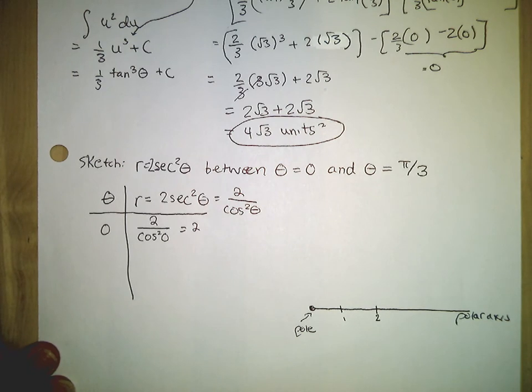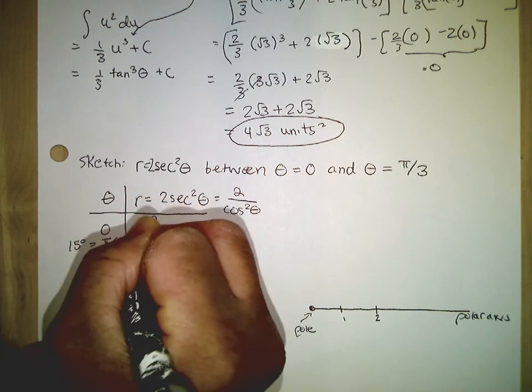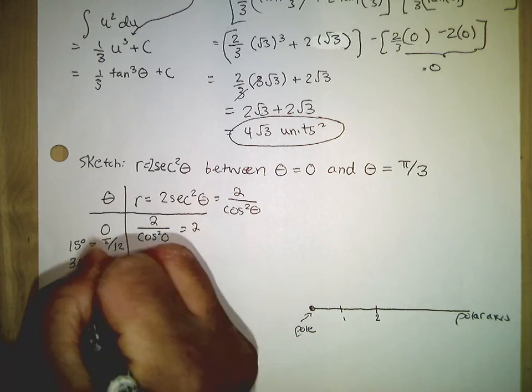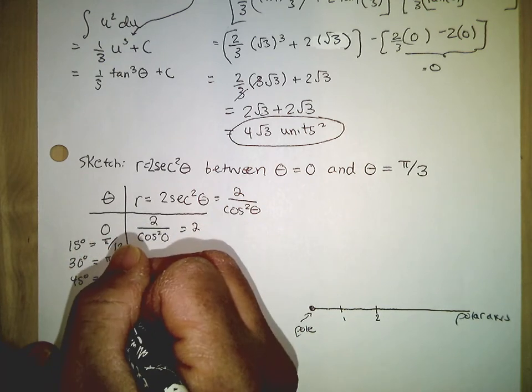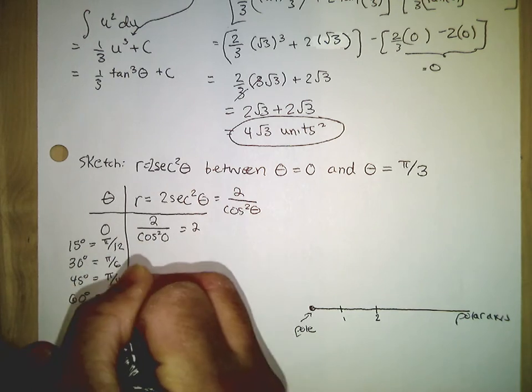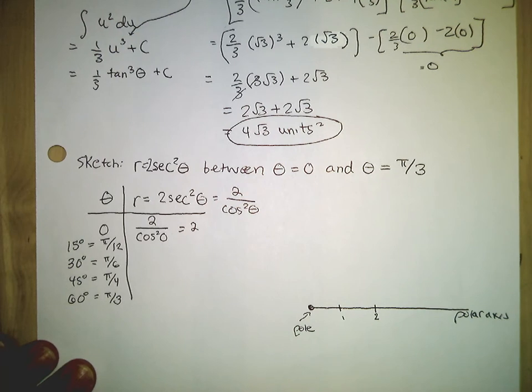If we pick some other numbers in between 0 and pi over 3, say, let's go with 15 degrees or pi over 12, 30 degrees and pi over 6, or 45 degrees, which is pi over 4, and 60 degrees, pi over 3. That should give us enough idea of what this looks like to go about our business here.